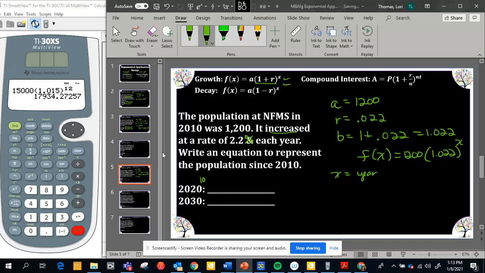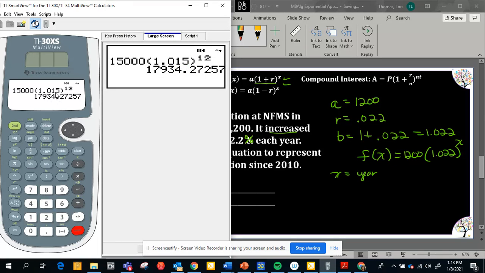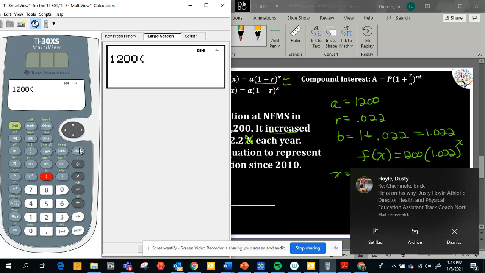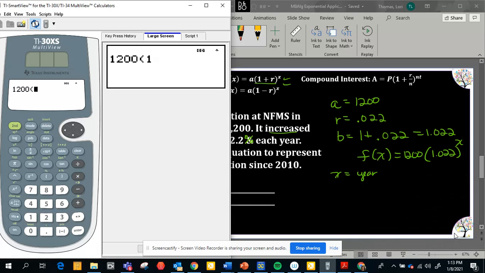So this is like 10 years, and then we'll do 20 years. So let's go over here and let's clear. And we start out with 1,200 students. And then we multiply by 1.022 raised to 10.